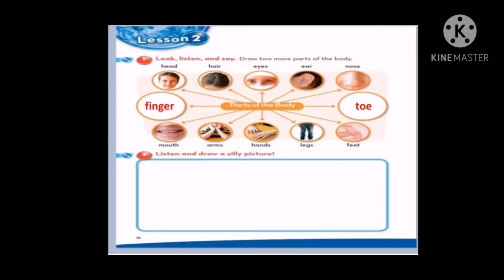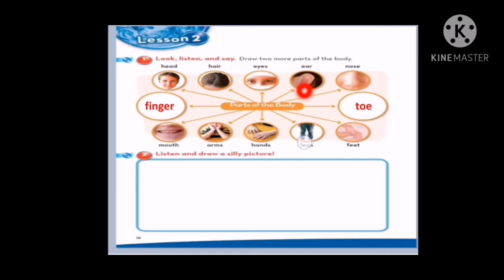Last lesson, we talked about parts of the body. Let's revise them together. First one, head. Please repeat after me. Head, hair, eyes.